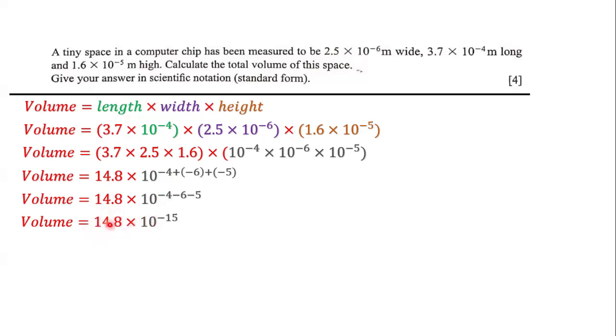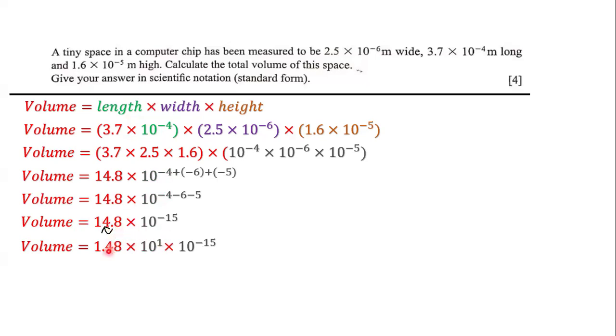We have to make this term smaller. So we take this decimal point and move it over once to the left. That gives us 1.48 multiplied by 10 to the power of positive 1. It's positive 1 because we moved over once to the left.